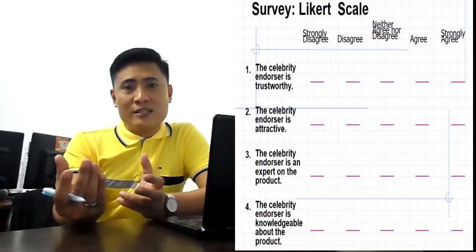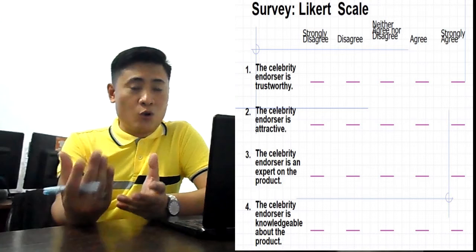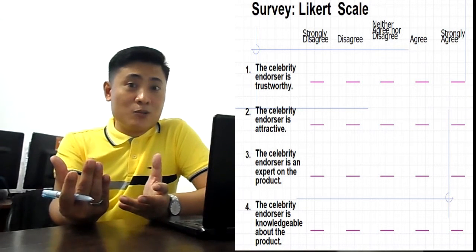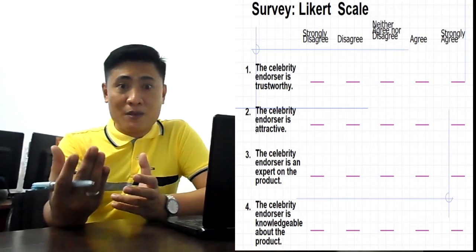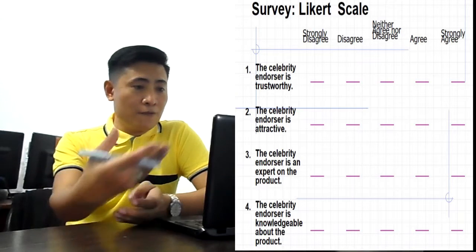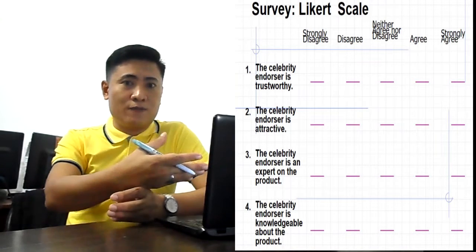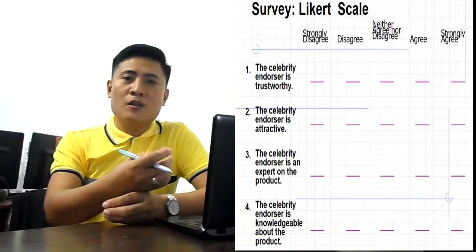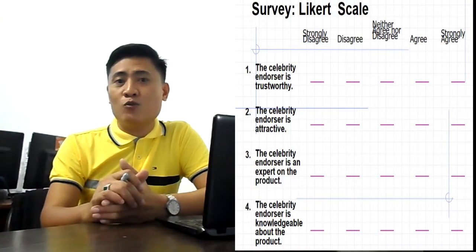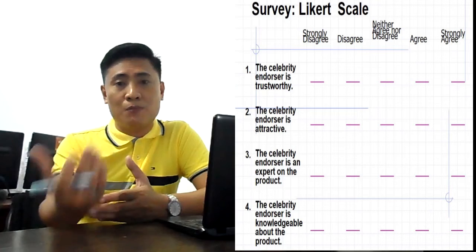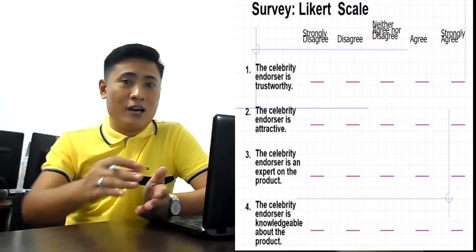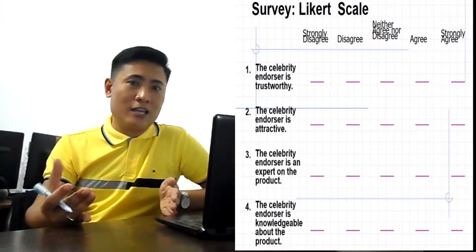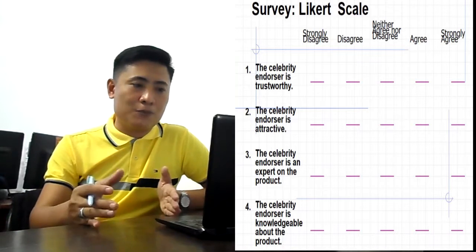Being trustworthy of the endorser is actually immeasurable or cannot be measured. But for that qualitative aspect or attribute to be converted into something that is measurable, we are ranking that feeling, that perception.